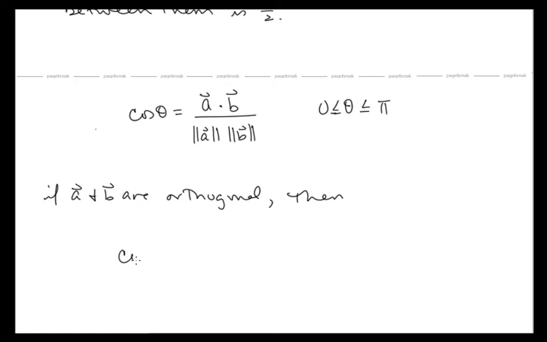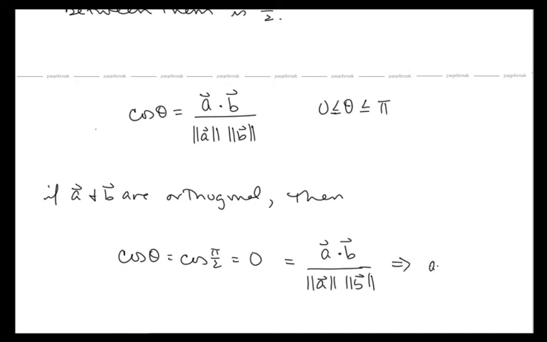We know that cosine theta is cosine pi over 2, which is 0. So 0 is going to equal A dot B over length of A, length of B. This tells us that A dot B must equal 0. So if A and B are orthogonal, then their dot product is equal to 0.